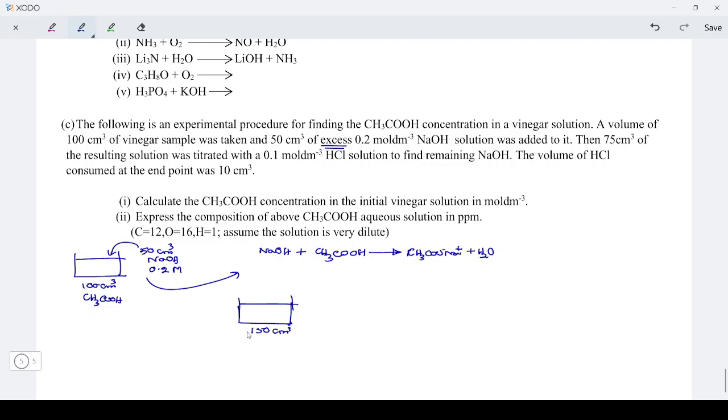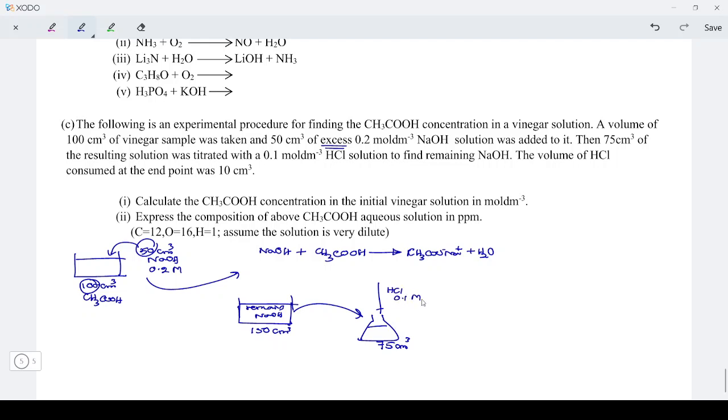Now this is the total solution, and it has some remaining NaOH, because here 50 and here 100. That's how it becomes 150. And you are taking 75 portion of that one, 75 cubic centimeters. Okay, and you titrate with that 75 cubic centimeters. That means you take the half of that to find the remaining sodium hydroxide.